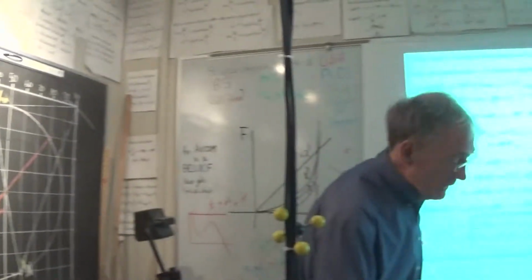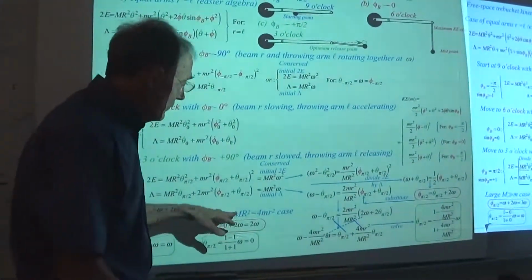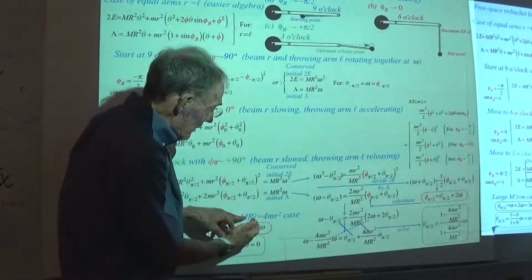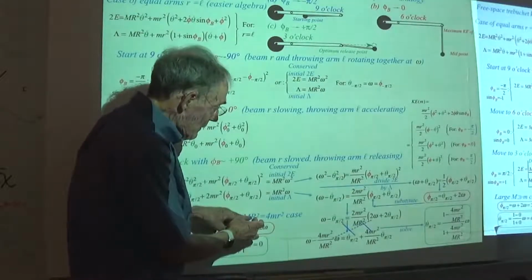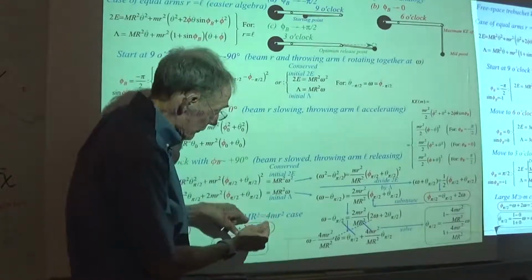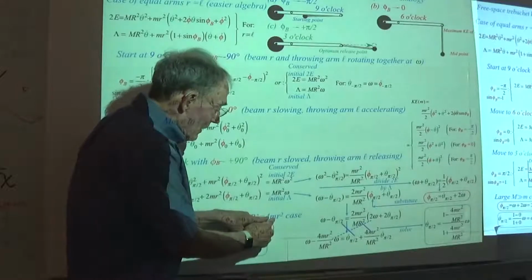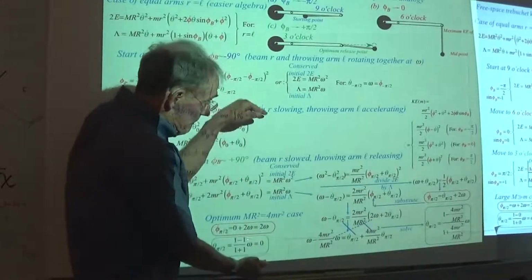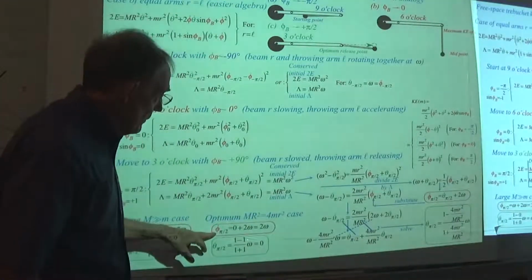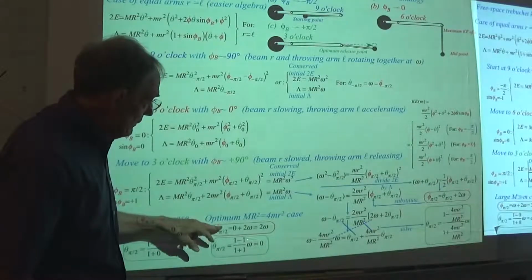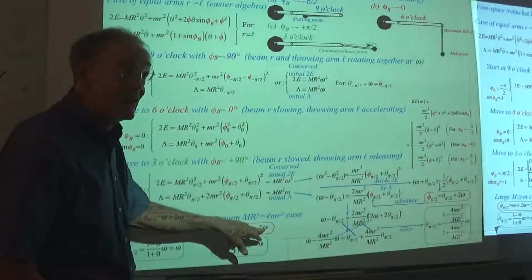So I go ahead and put that one down here as well. I call it optimum. To get this one, you make the big M short r squared equal to 4 times the little, but not negligible, mass little m, times this r squared. And lo and behold, here's the phi dot, that's the ball flying off, with twice. Exactly what we got here.